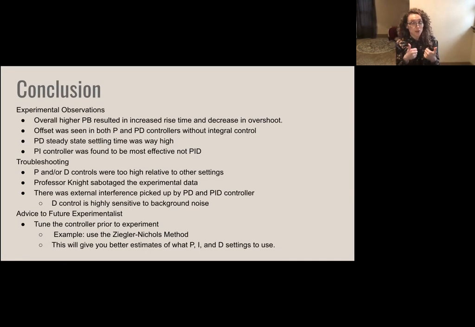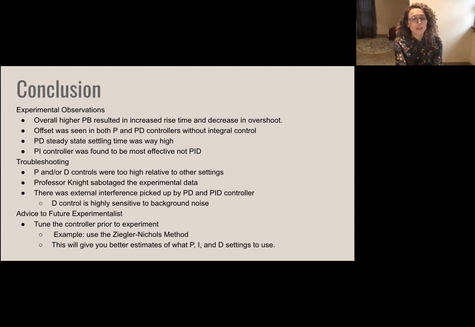So yay, we got those. However, the PD steady state settling time was way too high, ridiculously high. And the PI controller, not the PID controller, was found to be the most effective one in our experiment.